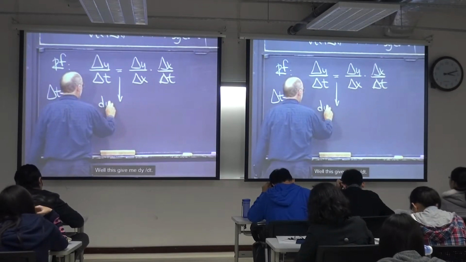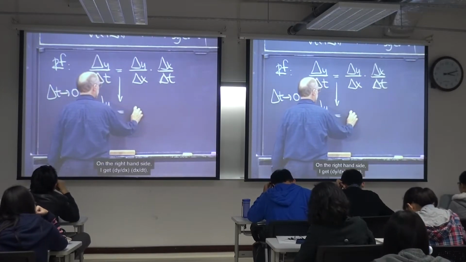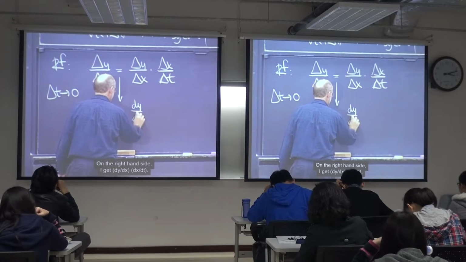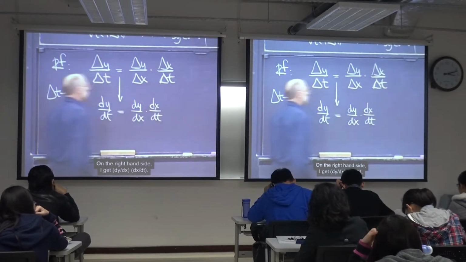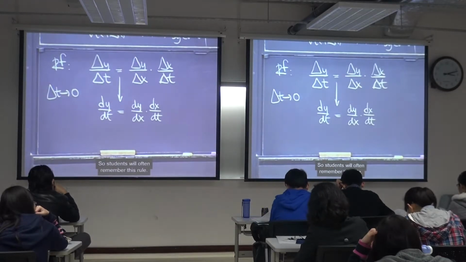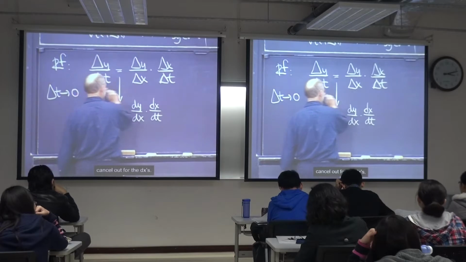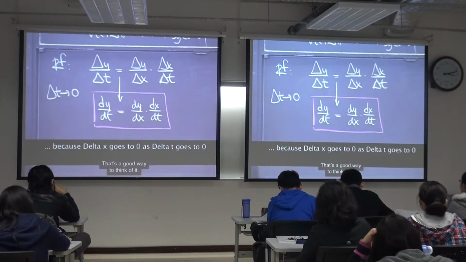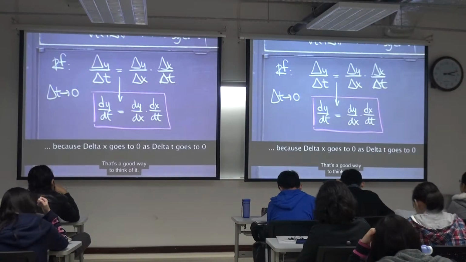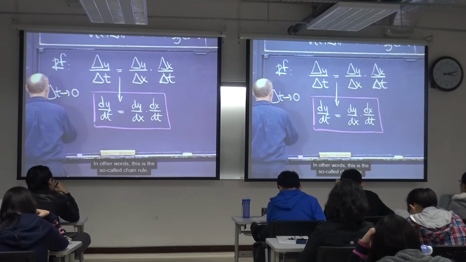Well, this gives me dy/dt. And on the right-hand side, I get dy/dx times dx/dt. So students will often remember this rule by saying that you can cancel out the dx's. And that's not so far from the truth. That's a good way to think of it. In other words, this is the so-called chain rule.